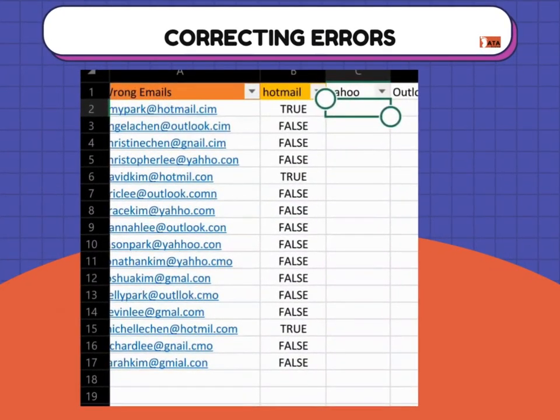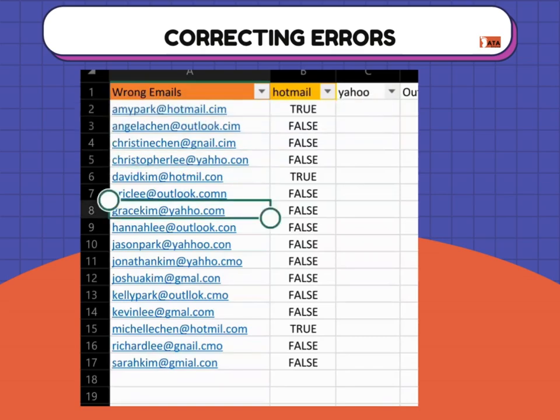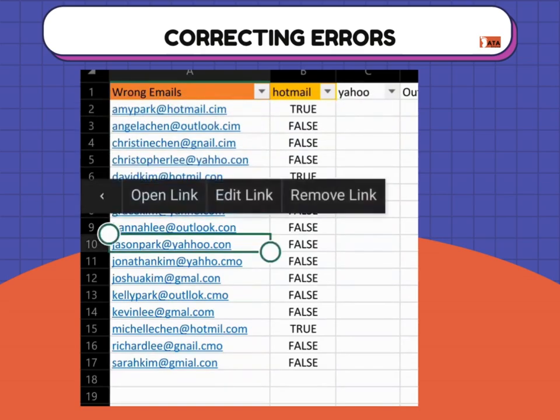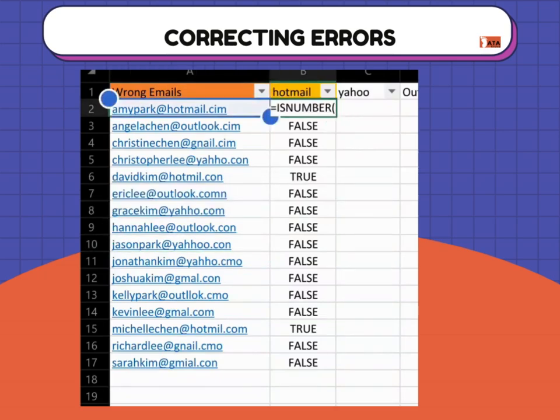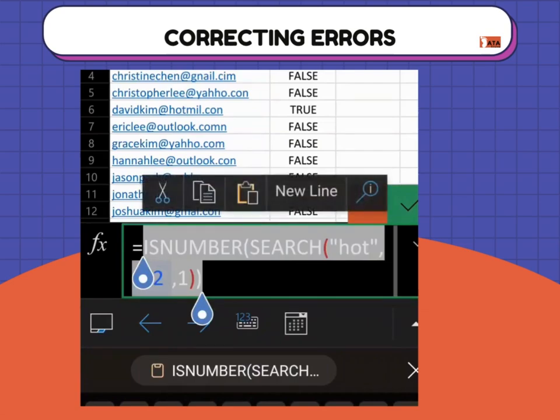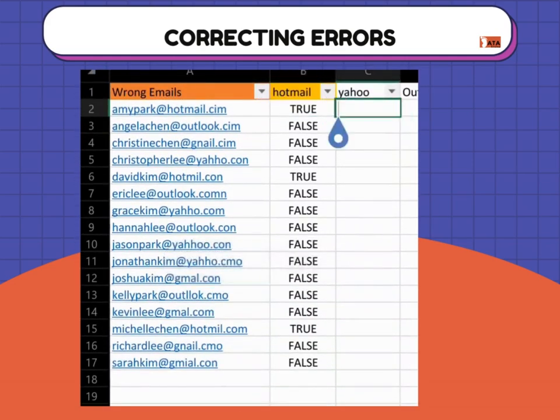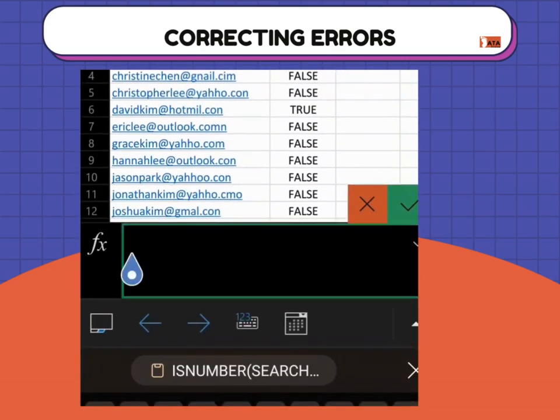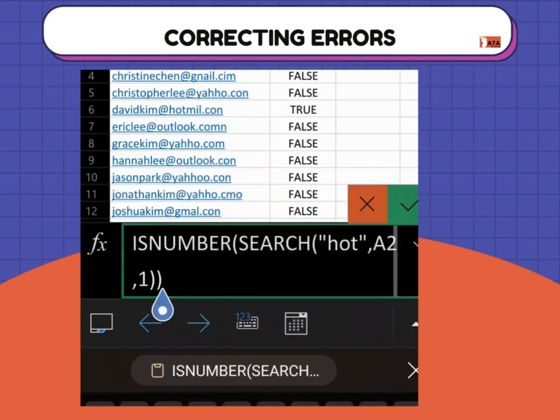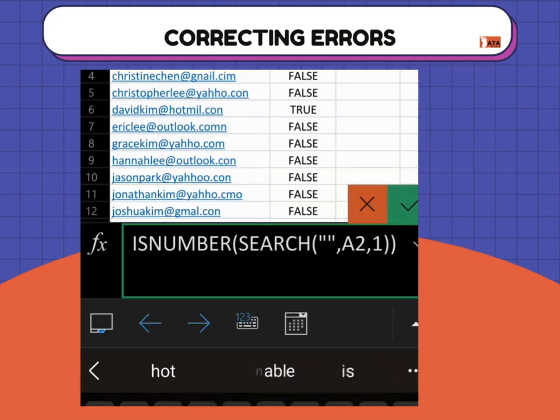I'll be doing likewise for Yahoo Mail as well. If you look through the examples of the emails I have, I look for similar patterns within the Yahoo emails. The common text that they have is what I'll be searching for. So I copied the formula from Hotmail and I'm going to paste this into the Yahoo column, and change HOT to the common text within the Yahoo Mail.